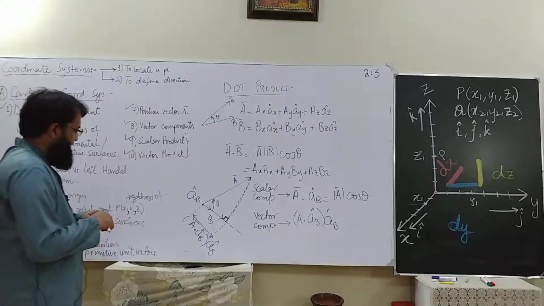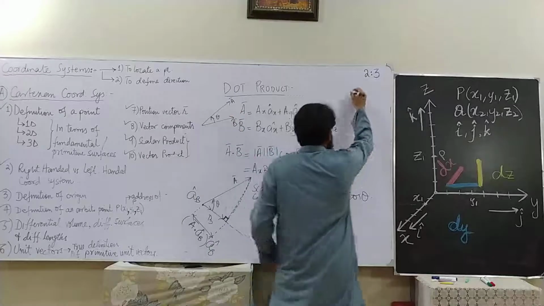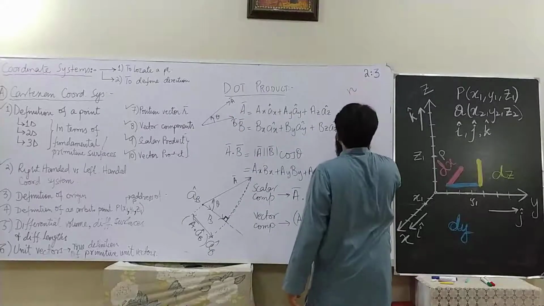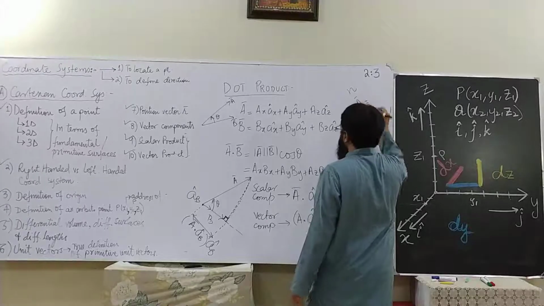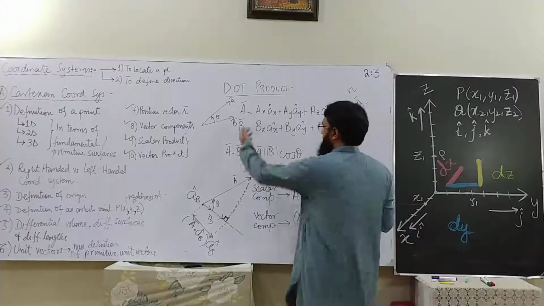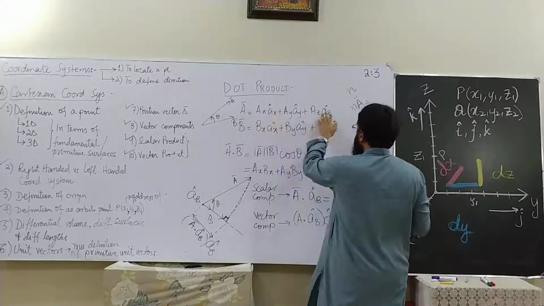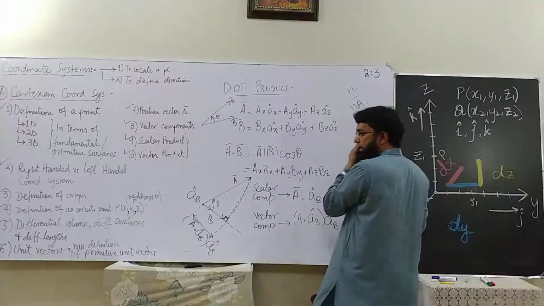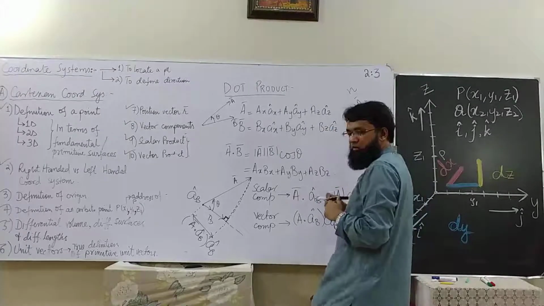scalarly. So as you all know, if we have got vector a and a scalar number n, and I multiply n by a, then the resultant is a vector in the same direction but n times the size of the original vector a.